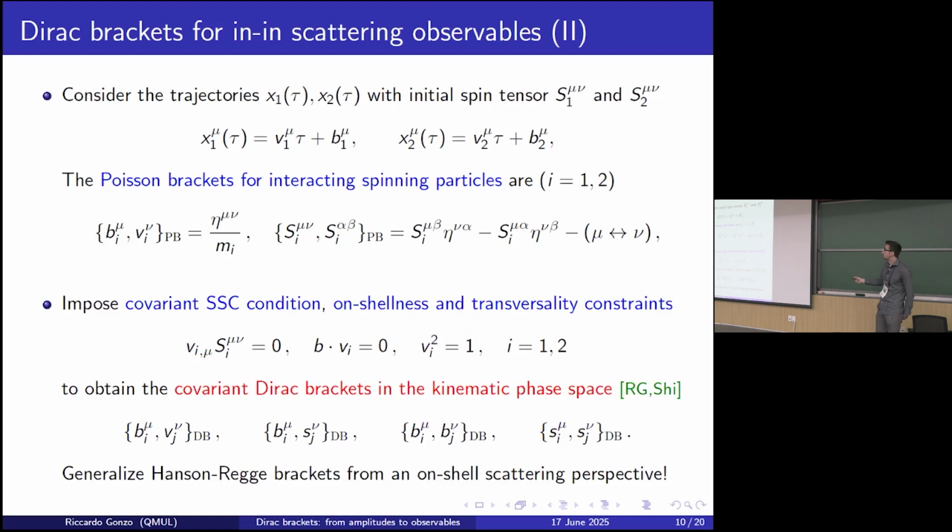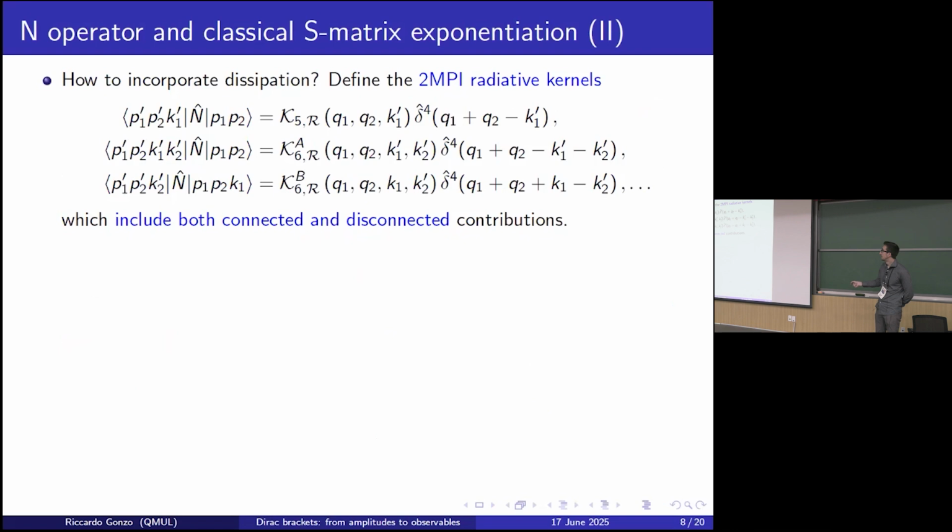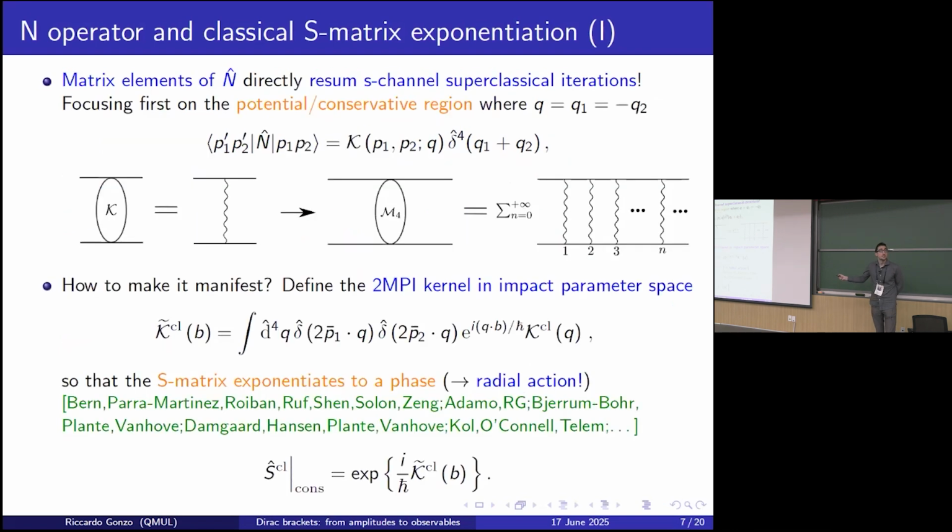And then what you can do is impose the covariant SSC condition, which is a Tulczyjew-type condition on the spin, removing the boost degrees of freedom that Andres talked about, and then put it on shell, of course, with on-shell kinematics, and then use the transversality constraint. The transversality constraints come because I do the Fourier transform here, so you see this delta function. This is very important.